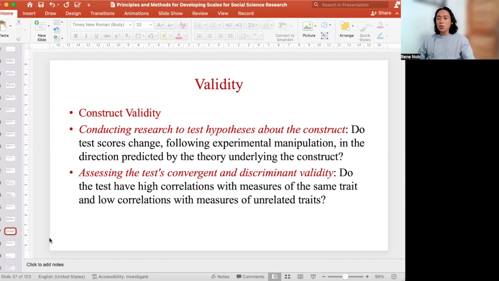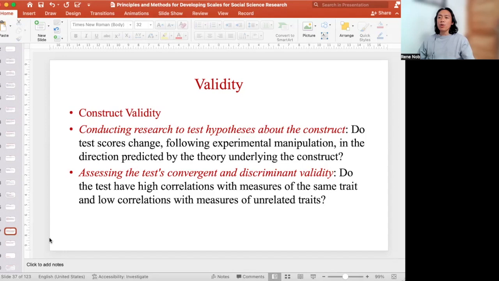Do the test scores change following an experimental manipulation in the direction predicted by the theory underlying the construct? So again, going back to my example of academic self-efficacy, if there is an intervention that should increase academic self-efficacy, then what we should expect is that there will be changes in the level of self-efficacy before and after the intervention.